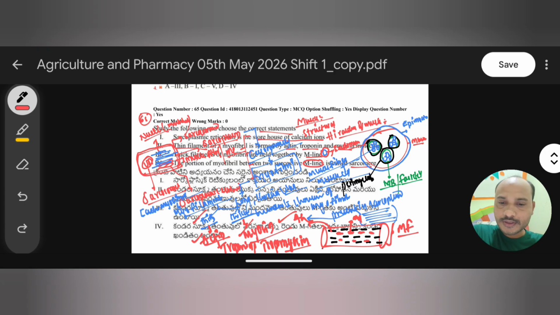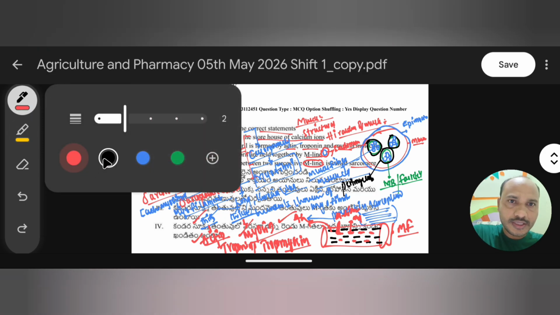Here we have different types of lines and zones. Exactly in the middle of the thick filament, the M line is present. Then the Z line is present at the boundary between the thin filaments, like this. See, this is the Z line.